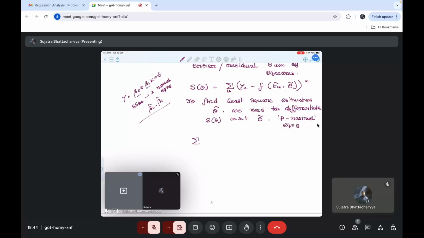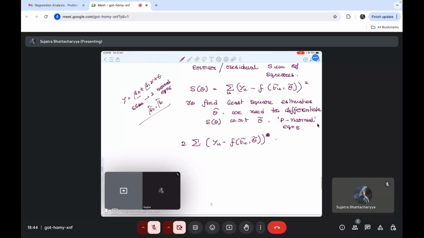For example, if we do the same thing and differentiate S theta with respect to theta tilde, it becomes the summation of y u minus f of t u tilde, theta tilde, multiplied by delta f by delta theta i of t u tilde, theta tilde, evaluated at theta i equal to theta i hat. This should be equal to 0. The square will not appear because it has been differentiated.